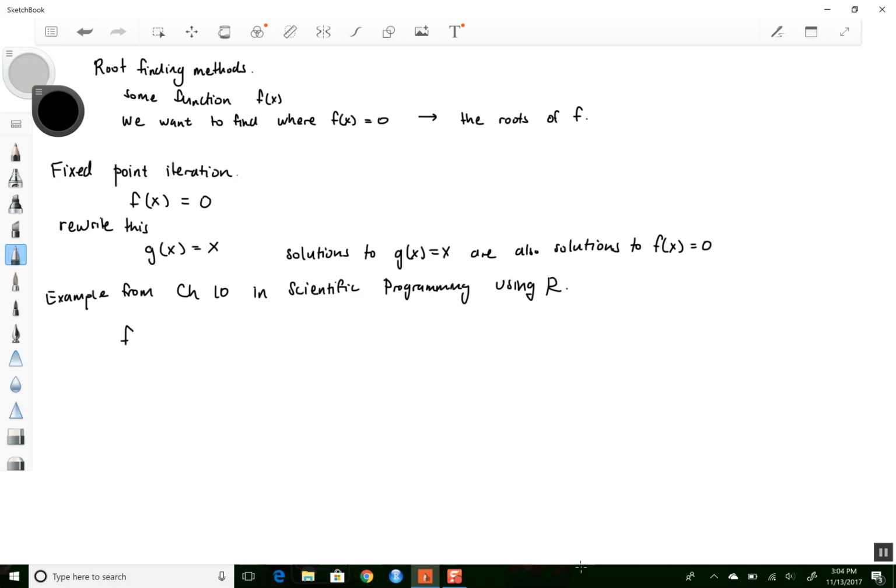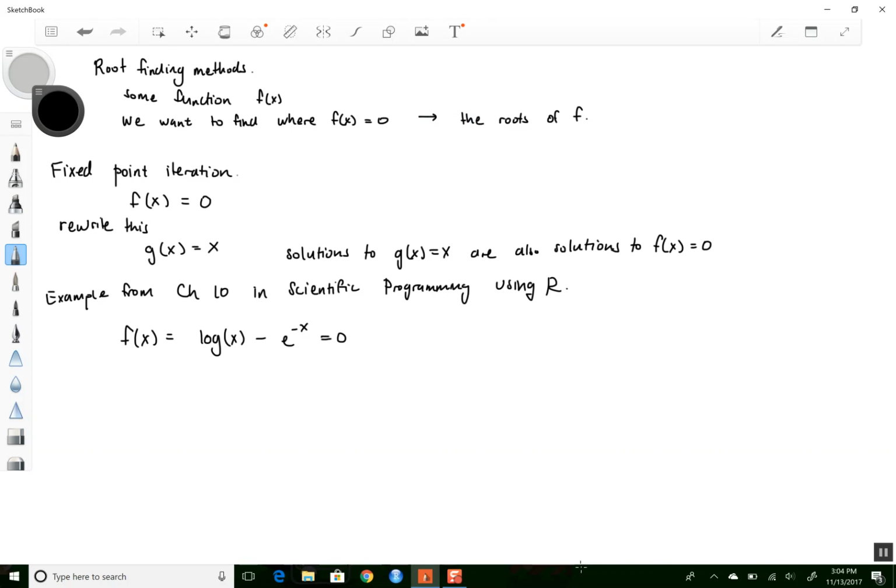And we start off with the function f of x equal to log of x minus e to the negative x. Log in statistics is always the natural log. Okay, so we want to find where this is equal to 0.